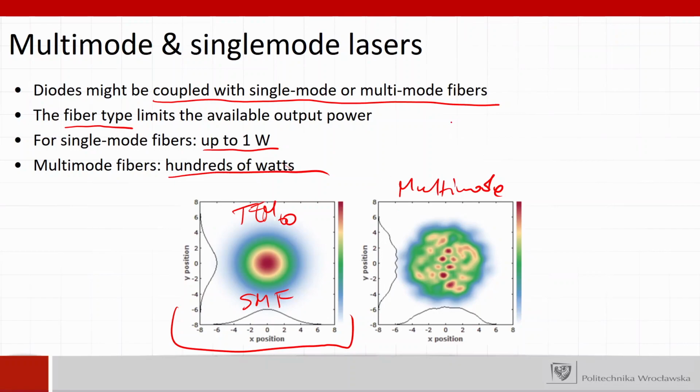So if the fibers are multimode and they have large cores like 200 or 400 micrometers, then you can couple hundreds of watts or even kilowatts of power into one fiber and have a multimode beam, but extremely powerful.